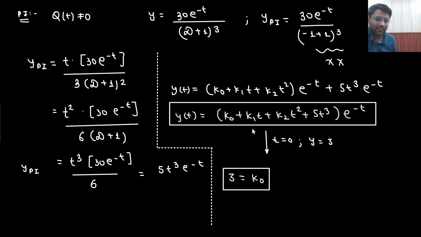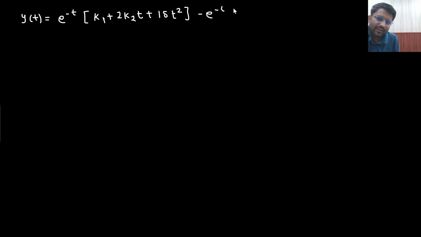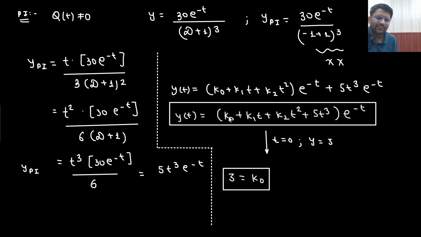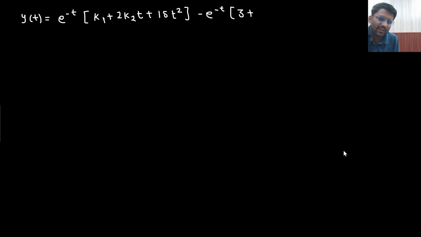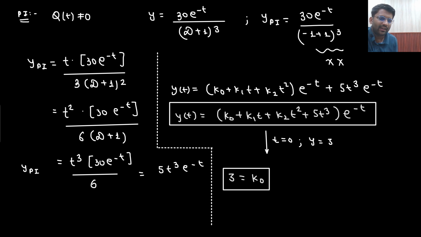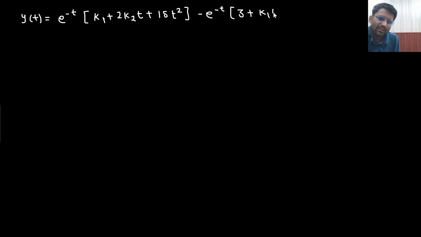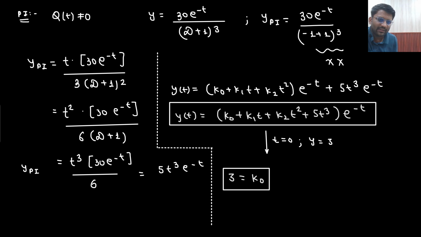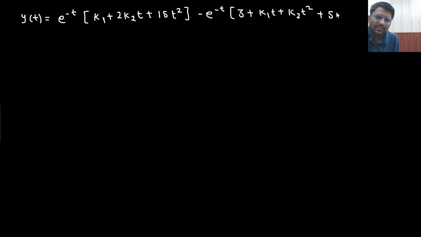Then this particular factor as it is, and differentiation of e to the power minus t will be minus e to the power minus t, and the other factor as it is, which is k0. K0 value is 3 already, so I will put k0 equals 3, plus k1t plus k2t square plus 5t cube. This is your y dash t.